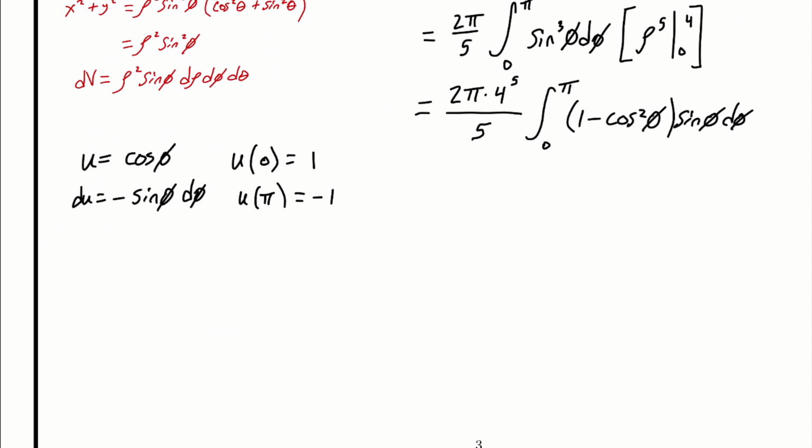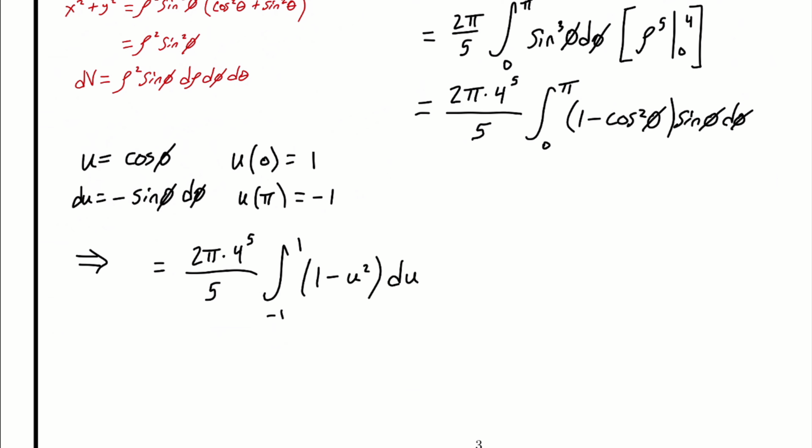So with that said, this would give us 2 pi times 4 to the 5th over 5. And this would become the integral from negative 1 to 1, 1 minus u squared du.